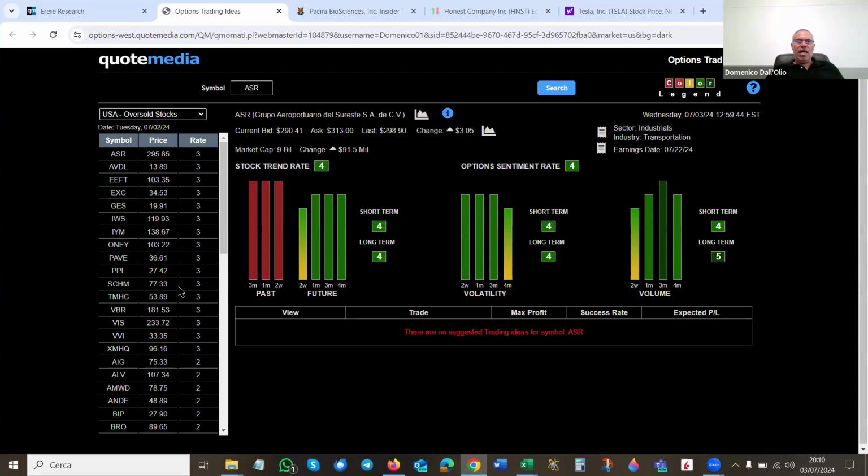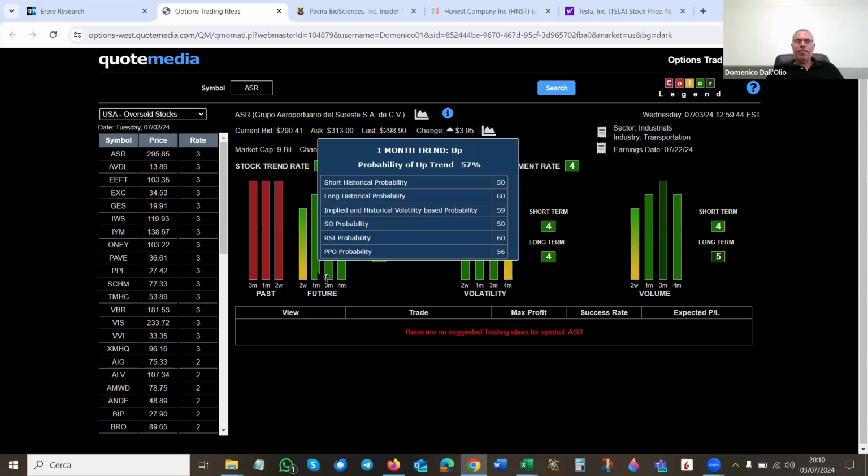About the future trend, there are 6 models taken into consideration, and they are the same 6 models we already know because we described them in the previous live seminar a couple of weeks ago, last week, I don't remember exactly.